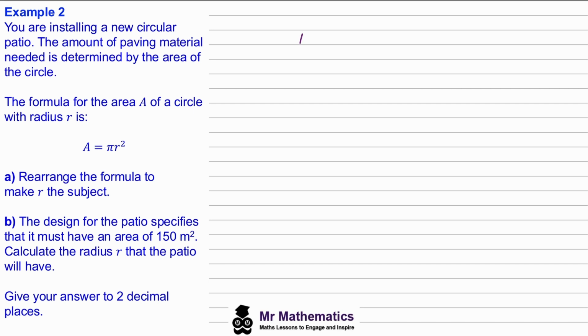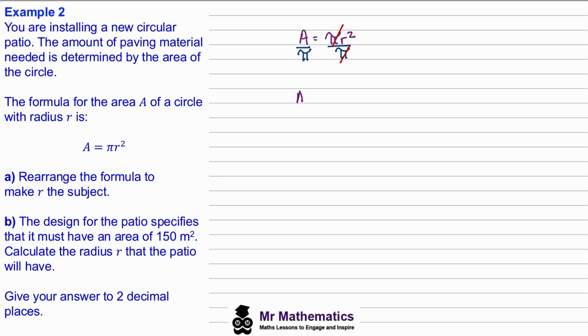So if we begin with the area is pi r squared, to make the radius the subject, we need to move pi and the square term to the other side. So the first thing we'll do is divide both sides by the pi. And then this multiplication and division will cancel, and we'll do it to both sides.